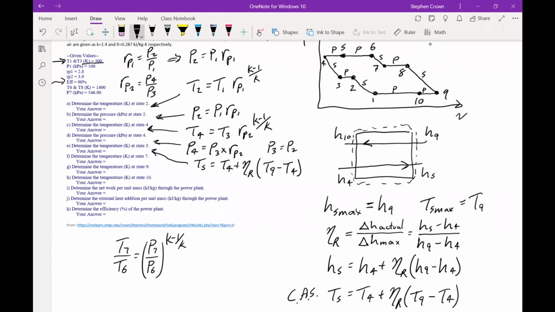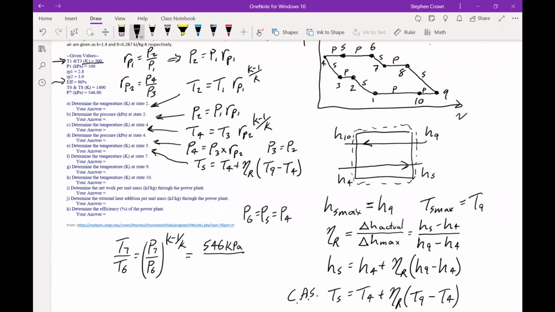So I don't have the numbers, but P7 is given as 546 kPa. And then where I calculated P4, P6 is equal to P5, which is equal to P4, since those are all isobaric processes.